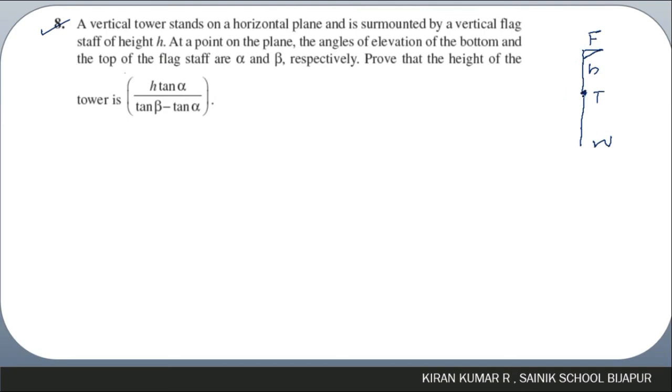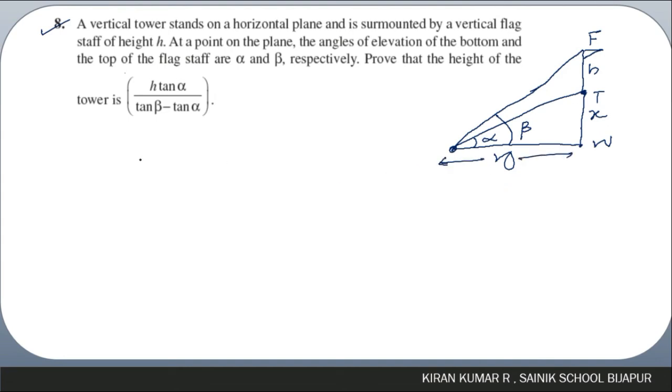From the flagstaff's bottom, we have the angle of elevation, say alpha, and from the top we have the angle of elevation beta. This angle is beta. Let me consider the height of the tower to be some x units and the distance of the observer from the foot of the tower as y units.